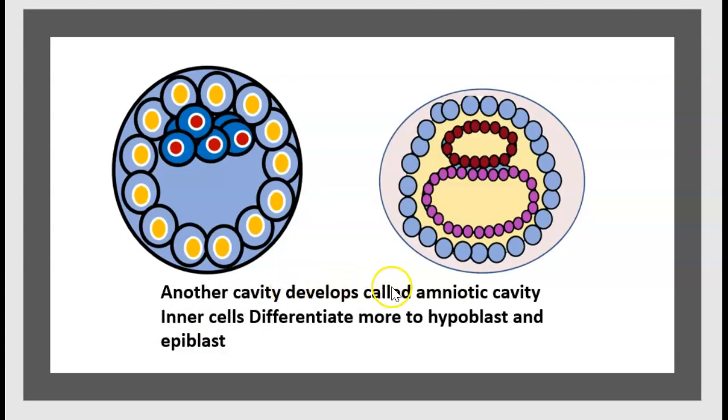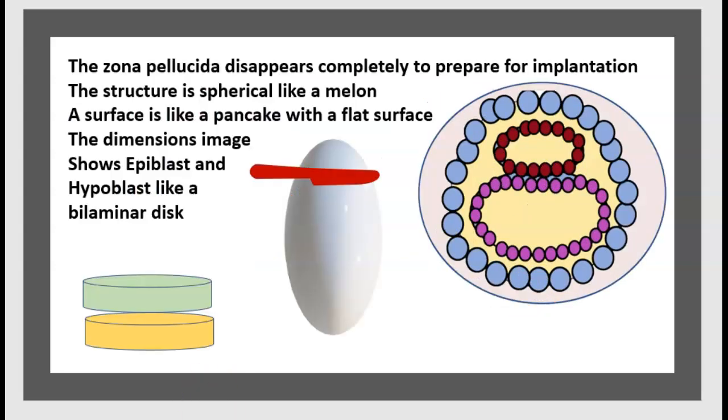Another cavity develops, called the amniotic cavity. Inner cells differentiate more into hypoblast and epiblast. The zona pellucida disappears completely to prepare for implantation.